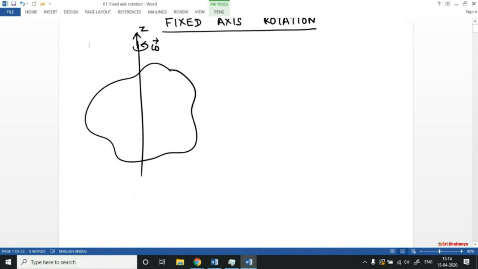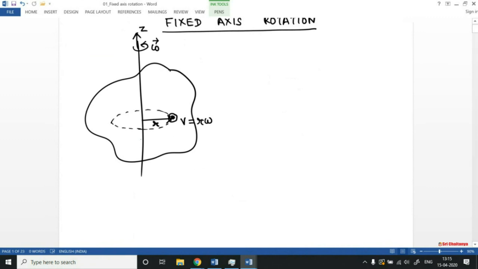Let's say this is the z axis. So any point on this rigid body will be undergoing circular motion about this axis with radius r. The velocity here would be tangential, and its magnitude is simply going to be r omega. So this is v over here.